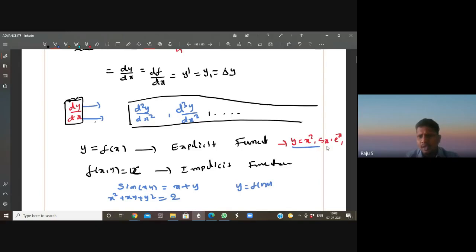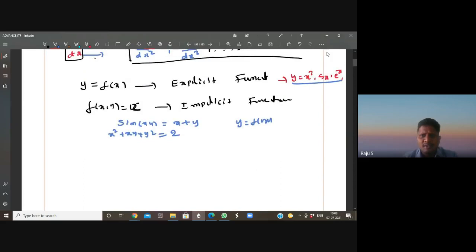It is highly impossible. We cannot separate y on one side and the x terms on the other side. So this is called an implicit function, and the above examples are explicit functions. Then how do we differentiate implicit and explicit functions? As we already discussed, in all cases simply differentiate on both sides with respect to x.